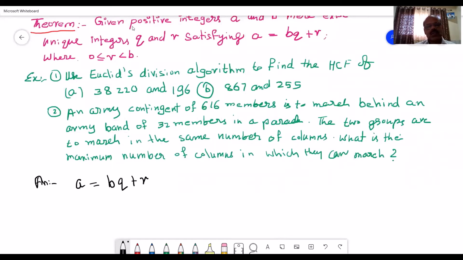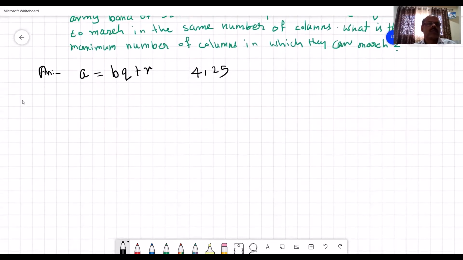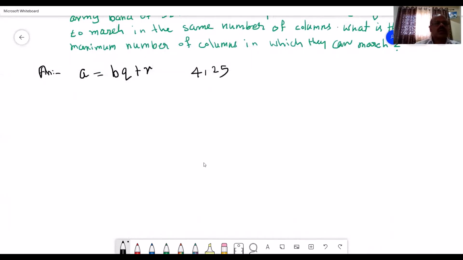Let us consider two numbers, 4 and 25. I am taking 4 as the divisor and 25 as the dividend.